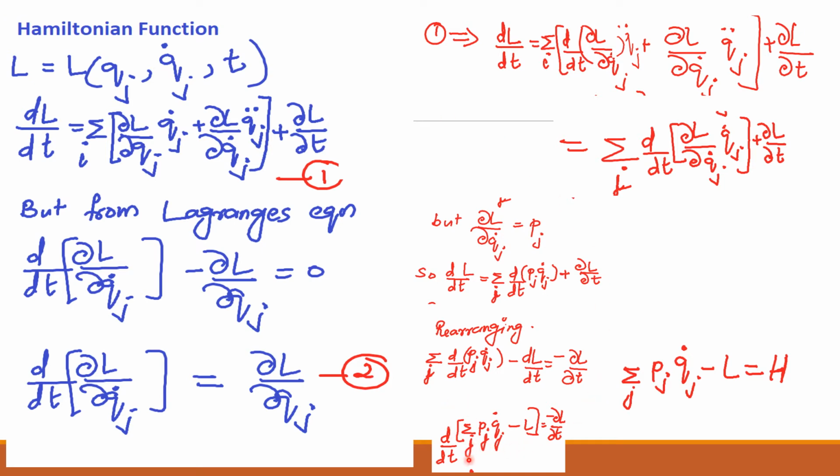Now taking the differentiation common, d by dt of pj qj dot minus L equals minus del L by del t. The bracketed term is what we call the Hamiltonian of the system. So Hamiltonian H is equal to pj qj dot minus L.